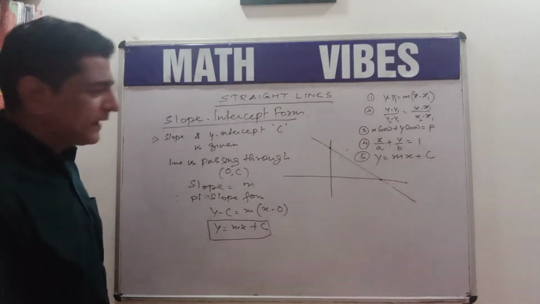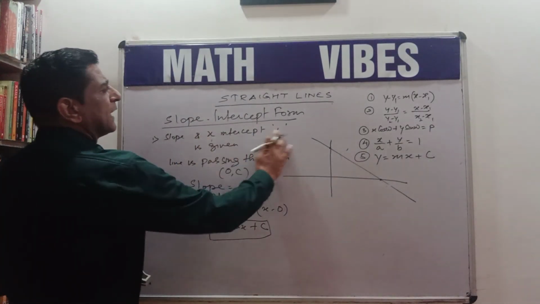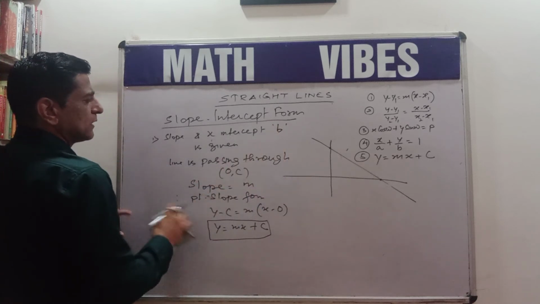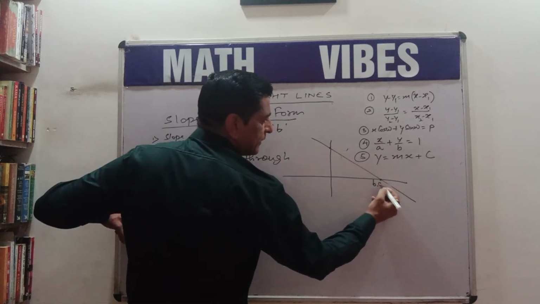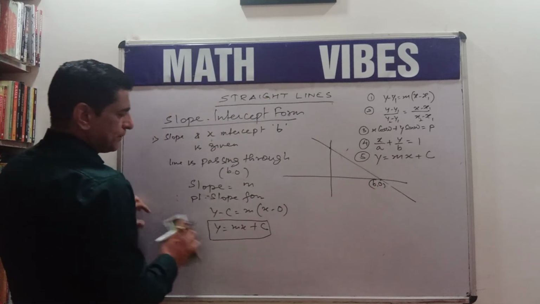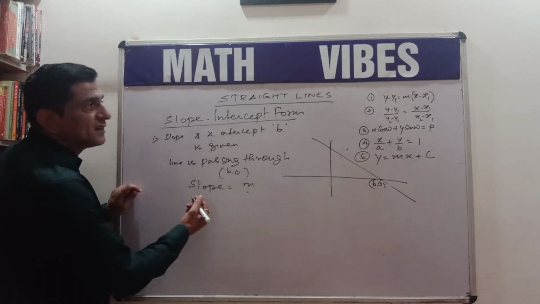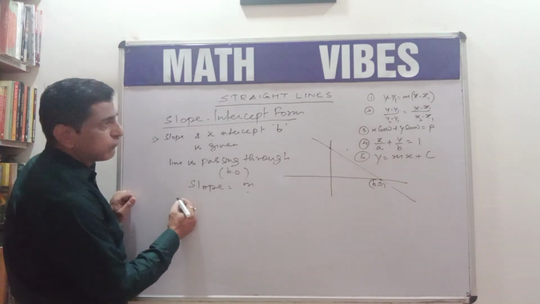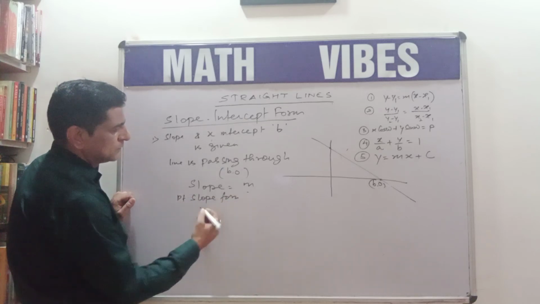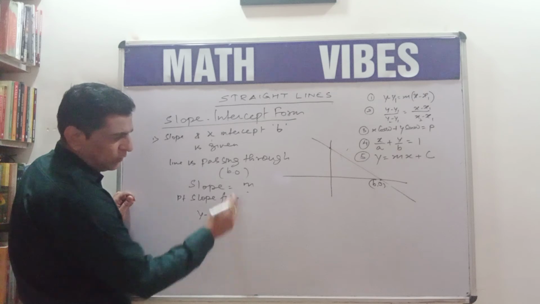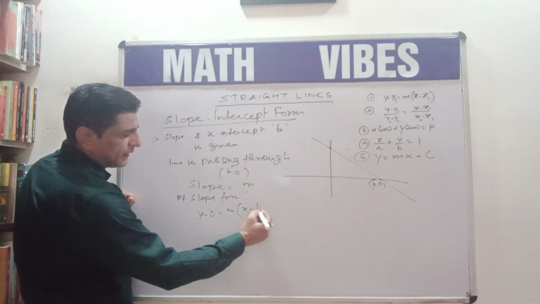And the same equation when x-intercept is given, I will make it x-intercept and let it be b. So the line is passing through (b,0). I take this point as (b,0) and it has slope m. So again we will apply point slope form: y minus 0, y minus y1 equals slope times x minus b.